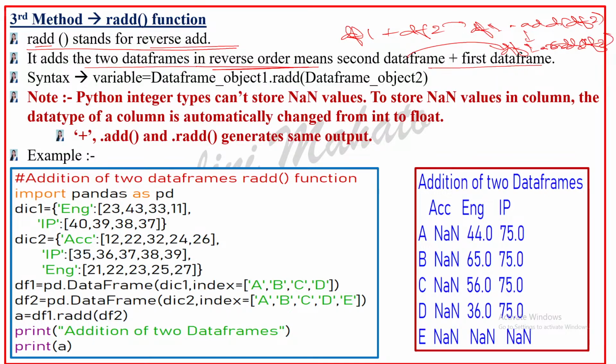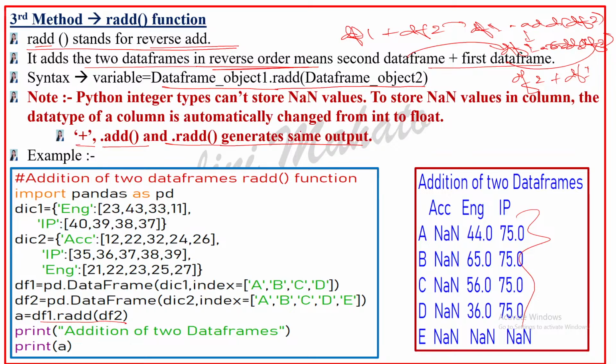That means df2 plus df1. So this is the syntax: data frame object 1 dot radd data frame object 2. Same answers will generate. So for addition, the plus symbol, the dot add function and the radd function generate the same outputs, because the plus symbol is commutative.